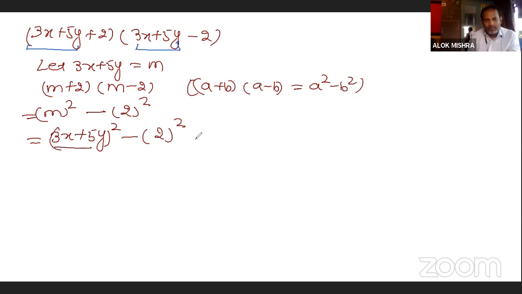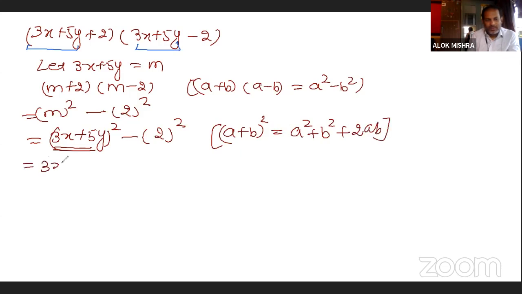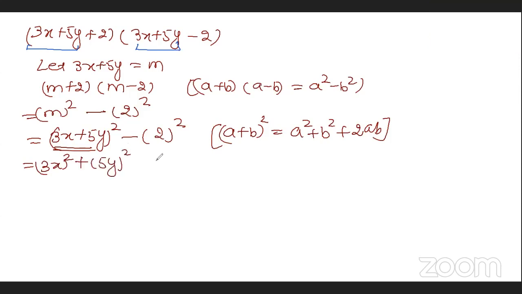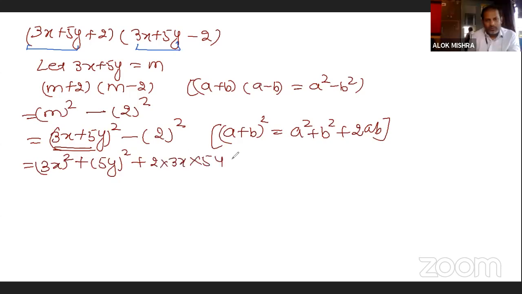Now at this point, I'll have to use the formula of a plus b the whole square. What is the formula of a plus b the whole square? It is a square plus b square plus 2ab. In the same way, this is further expanded as (3x) the whole square plus (5y) the whole square plus 2 into 3x into 5y, minus 2 square, which is 4.